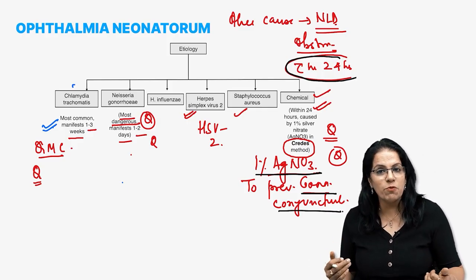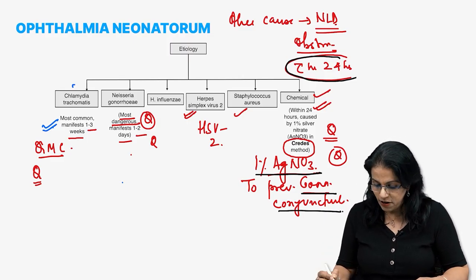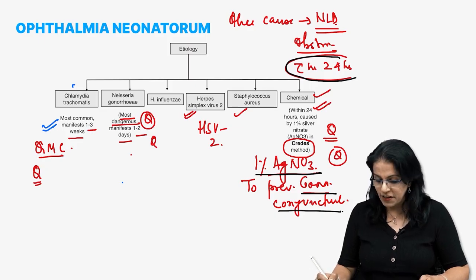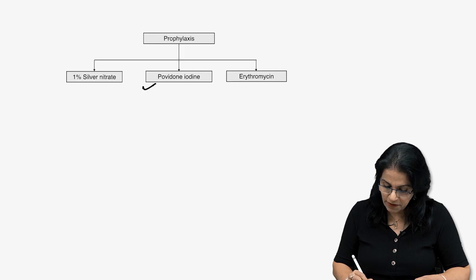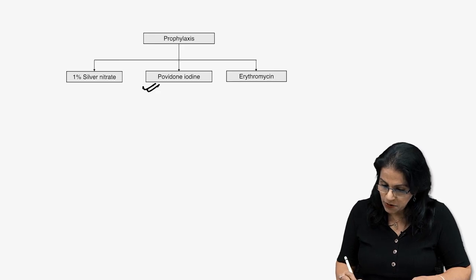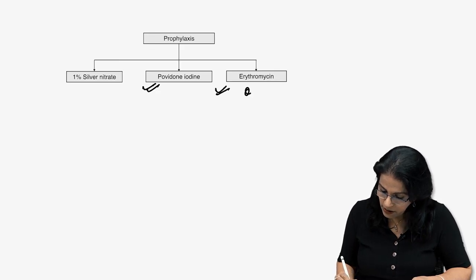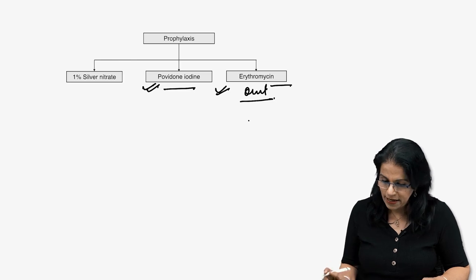So what can you do to prevent this infection, gonococcal infection, or for any prevention of infection? Number one, apart from silver nitrate, we can go for povidone iodine. We can also use erythromycin eye ointment, or we can just clean it with or put povidone iodine into the eye.